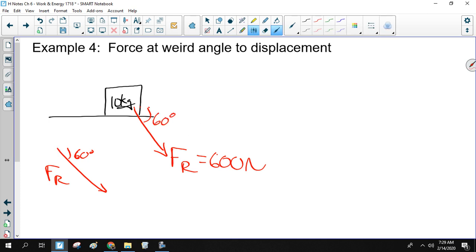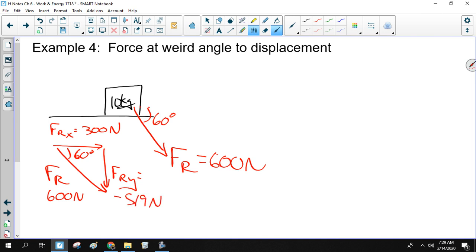So do your trig. The x component of this ends up being 300 newtons, and then the y component ends up being about 519 newtons. So let's go over here and make our free body diagram.